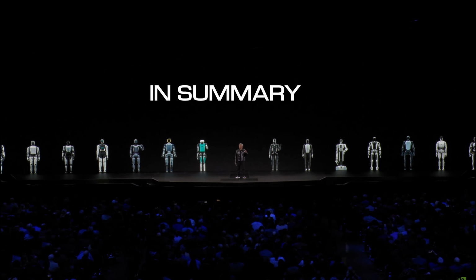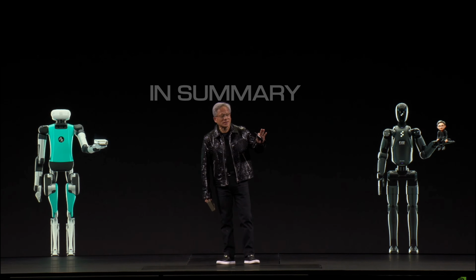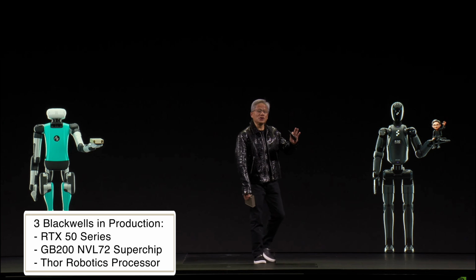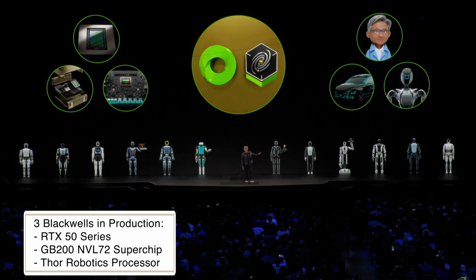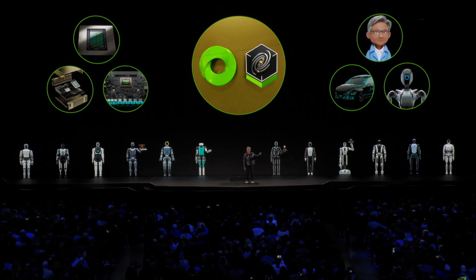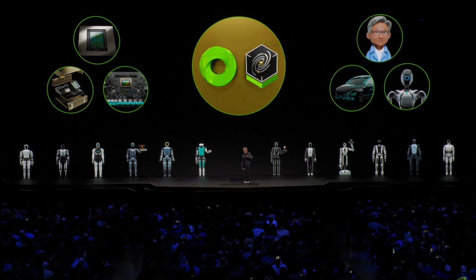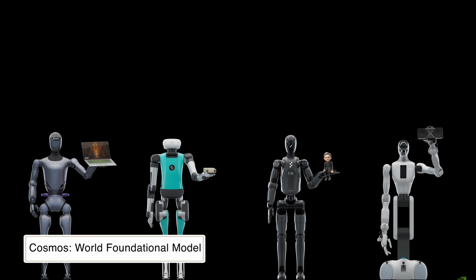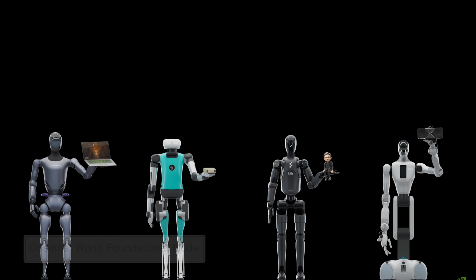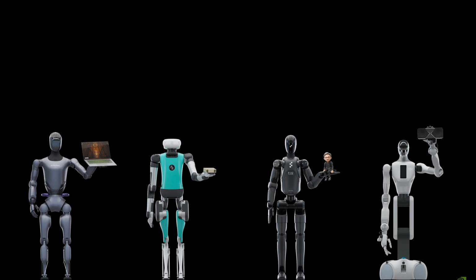It's just incredible. Let me tell you what I told you. I told you that we are in production with three new Blackwells. Not only are the Grace Blackwell supercomputers, NVLink 72s, in production all over the world, we now have three new Blackwell systems in production. One amazing AI foundation model, the world's first physical AI world foundation model.